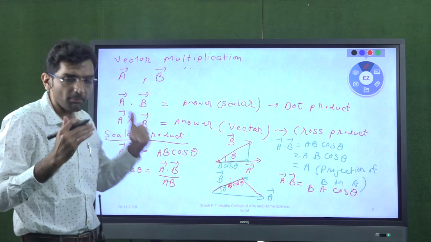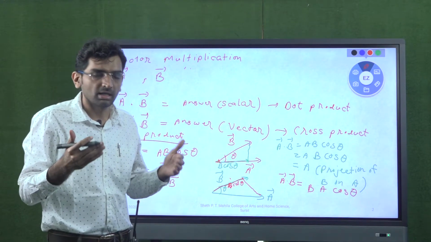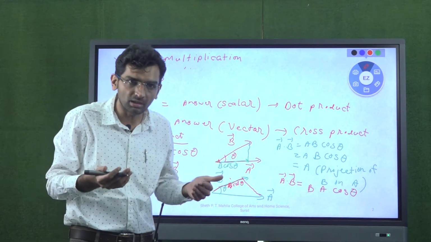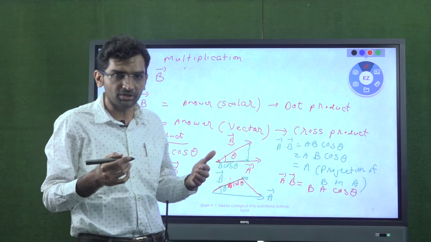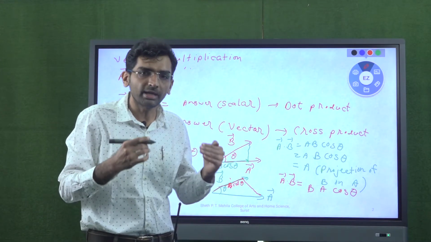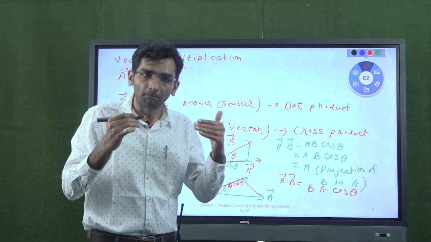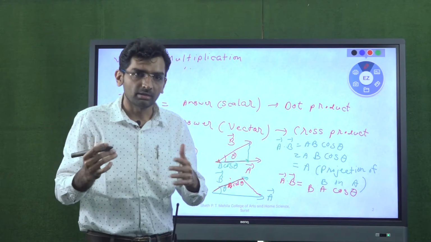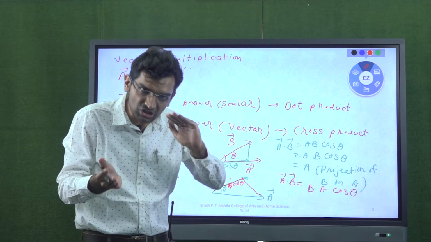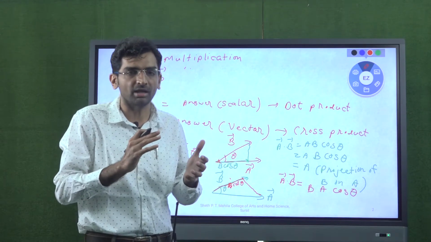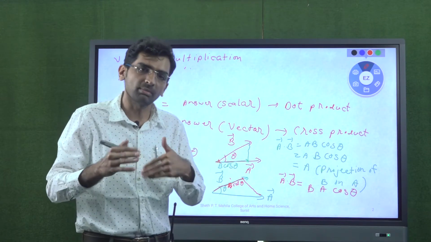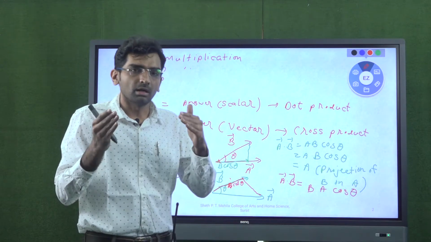There are some properties of the scalar product of vectors, like it follows the commutation rule. What do you mean by commutation rule? If you take A dot B, that will be equal to B dot A, right? That means if you change the order of the vectors, then the value will remain the same.